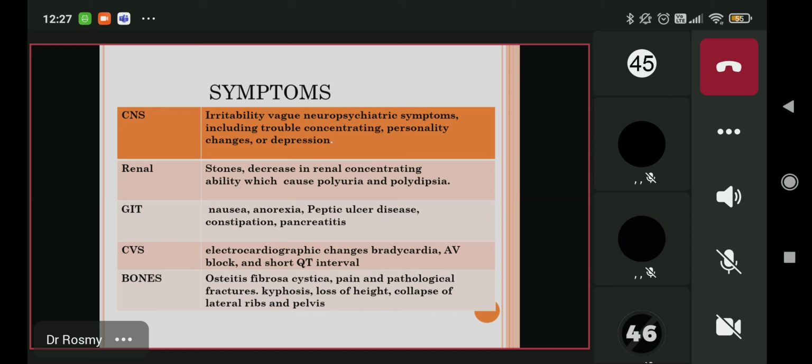One of the very good signs: when you are suspecting hypercalcemia in such a patient, or the patient has come to you in the emergency and you have sent the lab sample, and there is epigastric burning, epigastric pain can also be a manifestation of angina, but in such a scenario, if you do an ECG, in hypercalcemia you will find a shortened QT interval. That itself will alert you that the sample which I have sent might show hypercalcemia.